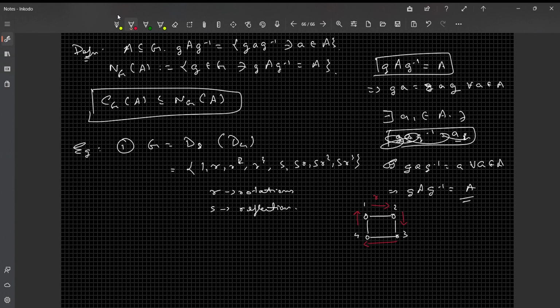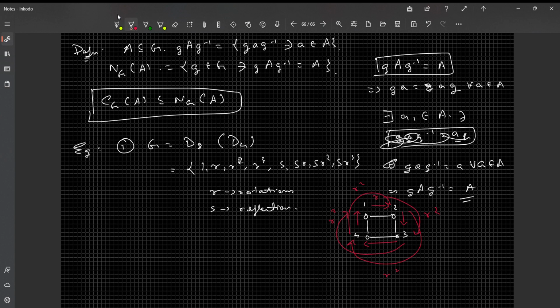If you compose R with R, 1 is sent to 3 by R squared, 3 is sent to 1, 2 is sent to 4, and 4 is sent to 2 by R squared. Similarly, for R cubed, 1 is sent to 4. So you are doing the rotation thrice.